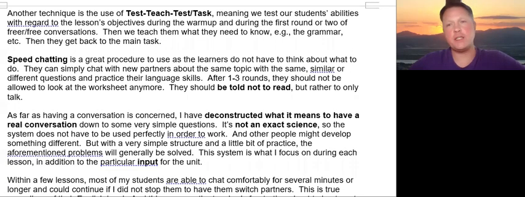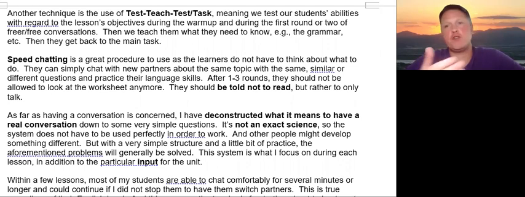And speed chatting, that's simply similar to speed dating, having people work in pairs or small groups, ideally pairs, for a few minutes. My students usually do it for 5 or 6 minutes. It could be anywhere from 3 to 10 minutes, depending on the students' level and the number of students in the class.